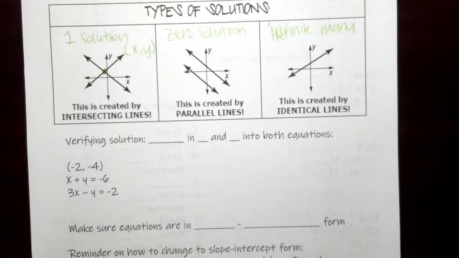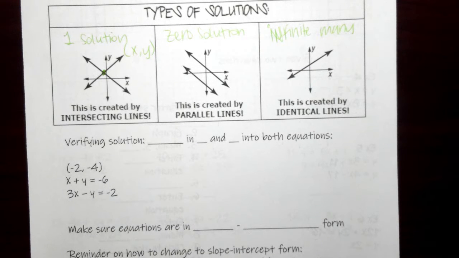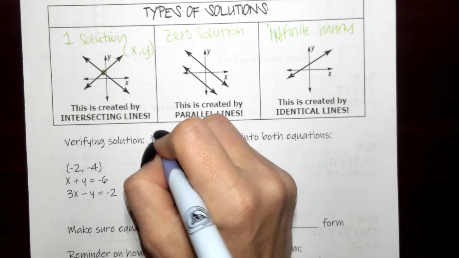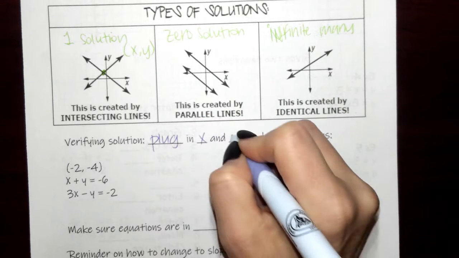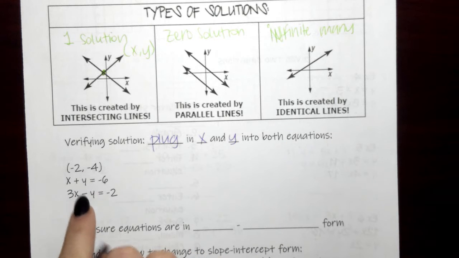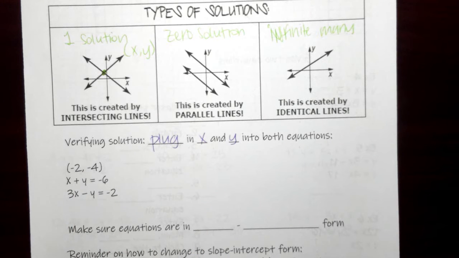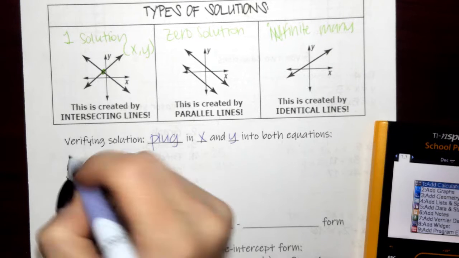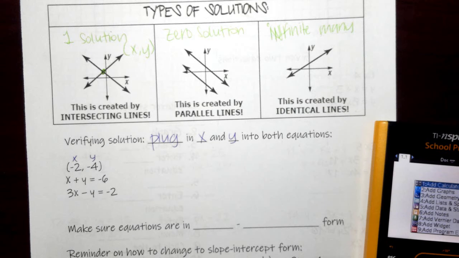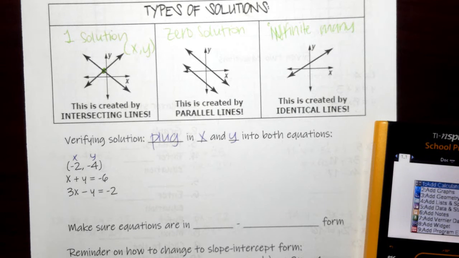Okay, so there is a way algebraically that we could verify a solution. We would plug in our x and y that were given into each of these to see if they equal. So remember, this would be our x and this would be our y. So what do I mean by plugging it in?